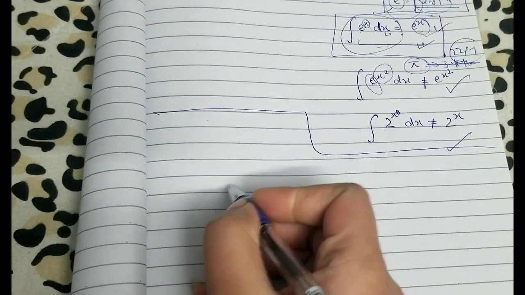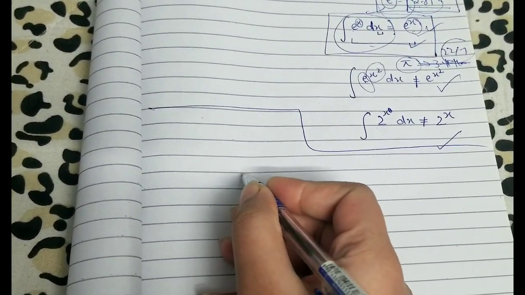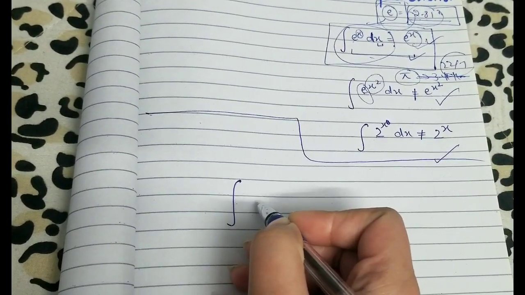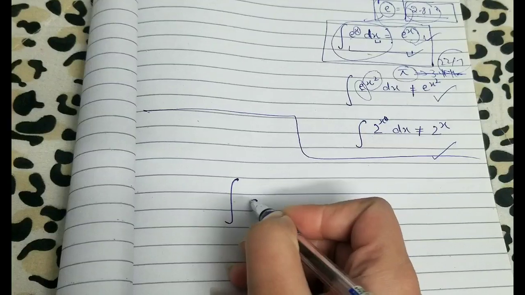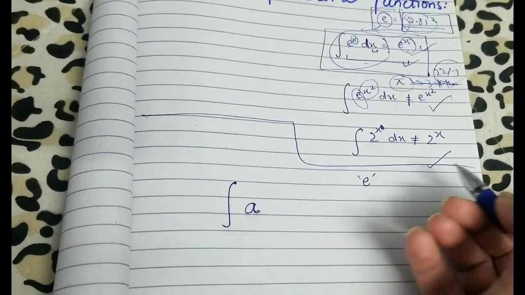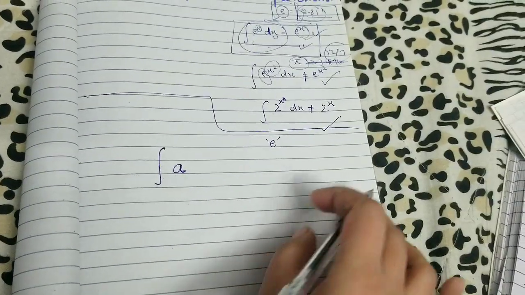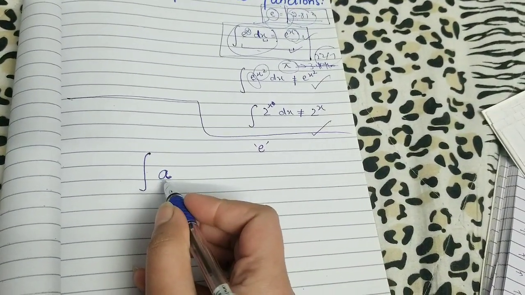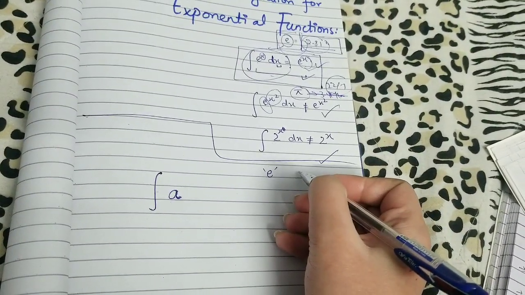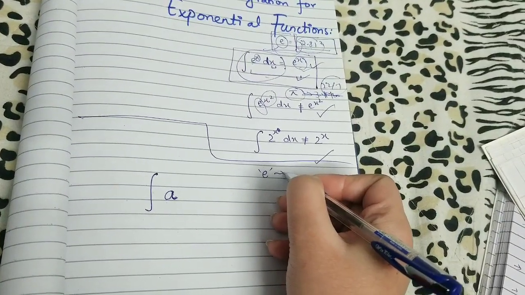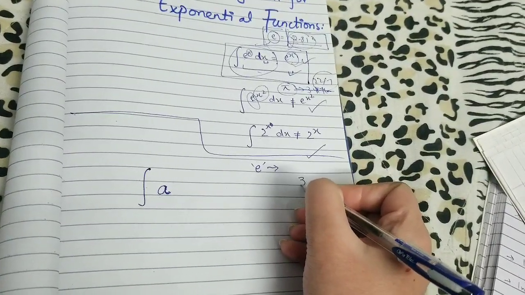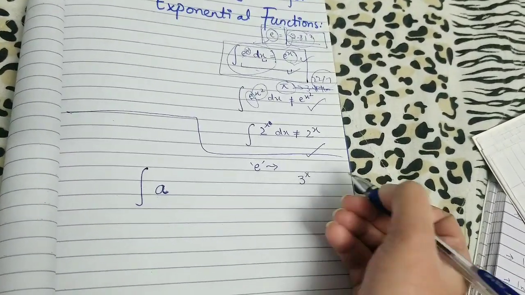So if we have an exponential function, for example, this is integration and we have some exponential function on some constant a. I'm not writing e here because e is a specific situation. We are considering a constant number a here. A is a constant, it's not a variable. Exponential functions are those functions in which you have some constant number and a variable occurs on its power.